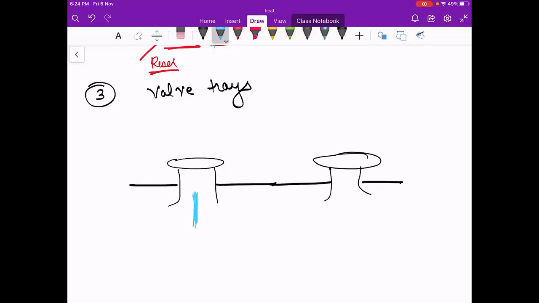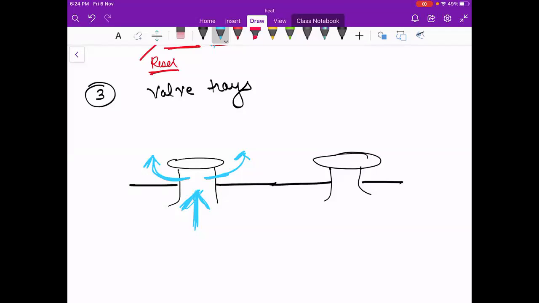Gas will go from here, and it will go from here. The amount of gas going from here will depend upon how much this valve will be lifted.